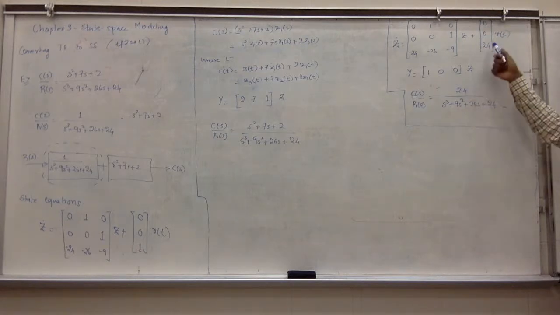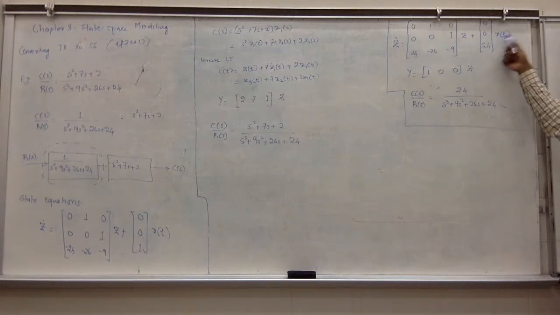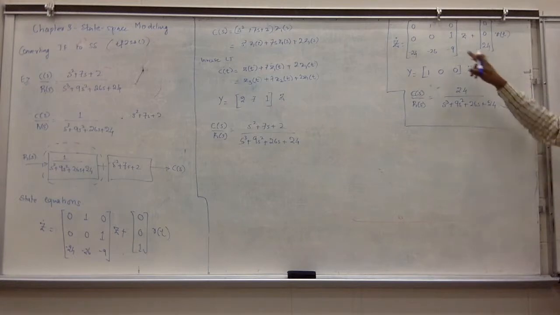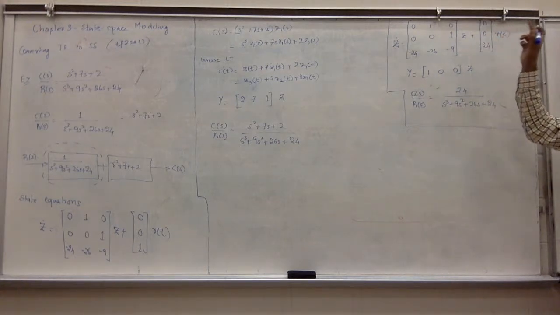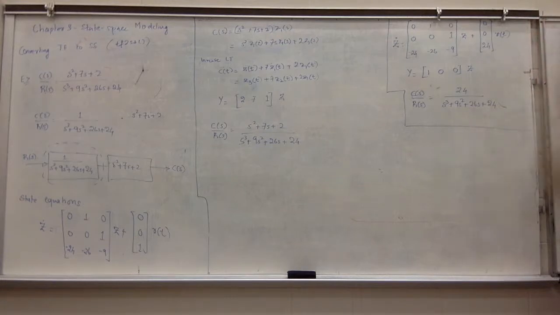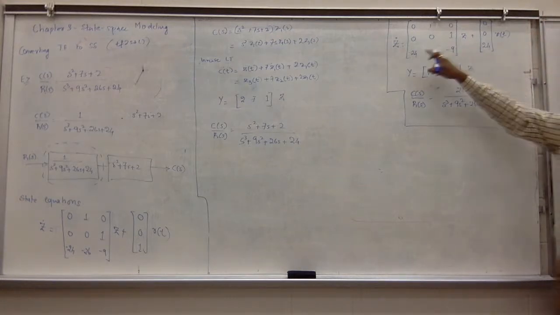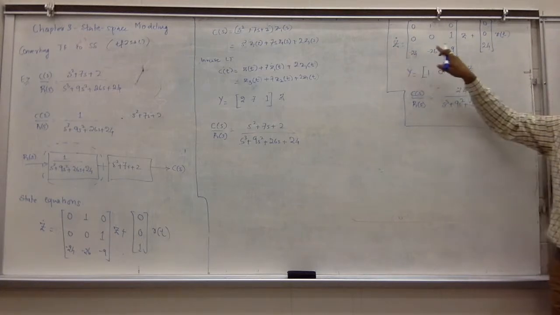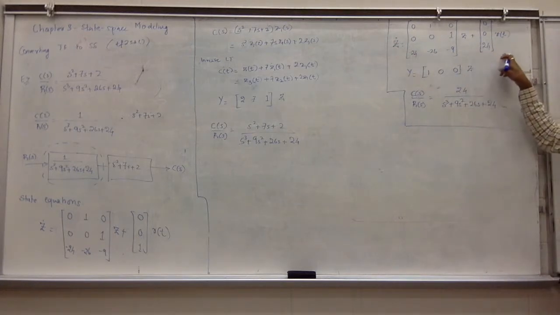Numerator will end up here. See, if you have missed class, it will be difficult, because you have to understand this format. Everybody understands this format. The state space model: Z dot is equal to AZ plus BU.